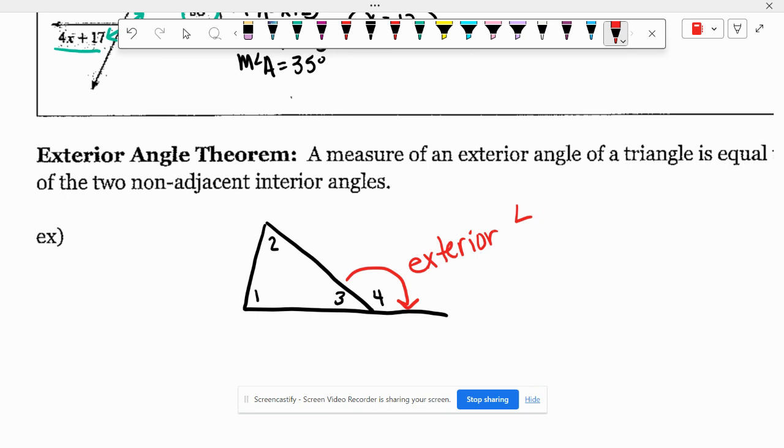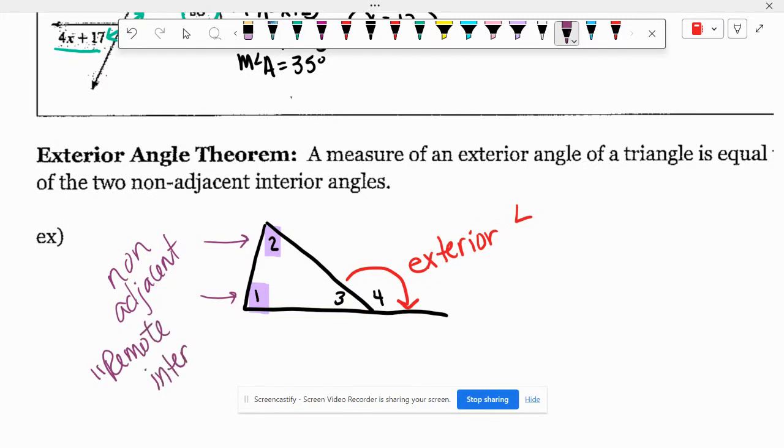The non-adjacent, meaning the two angles that don't touch this angle, are what? Angles 1 and 2. They are called non-adjacent, and sometimes you see them called remote interior, because they're not touching the exterior angle.